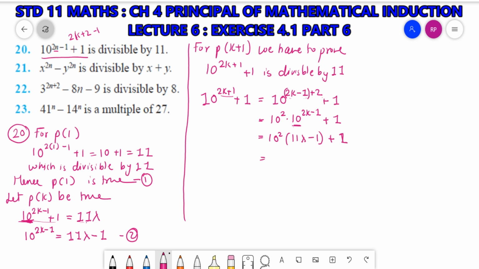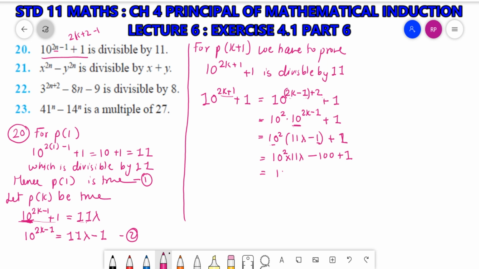Okay. So let's multiply 10 square into 11 lambda, 10 square into 11 lambda minus 10 square into 1, so that is 10 square, that is 100, 100 into 1, 100 plus 1.